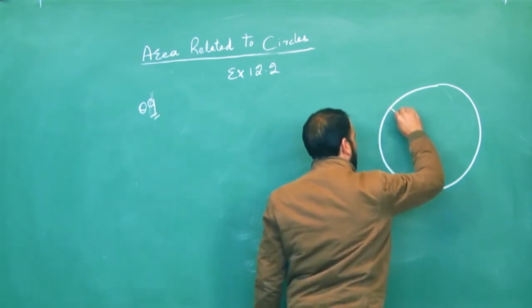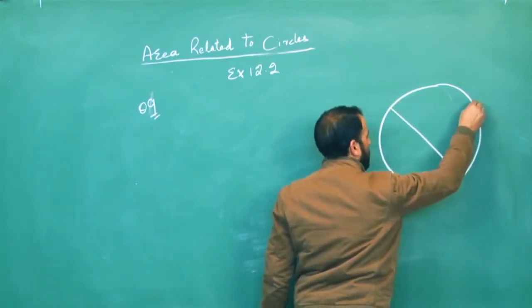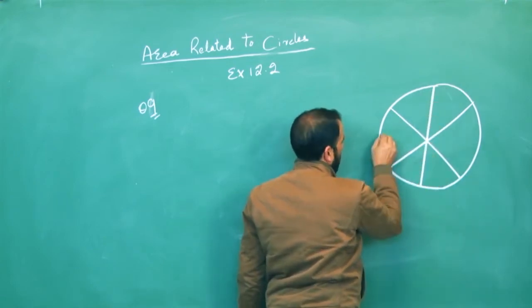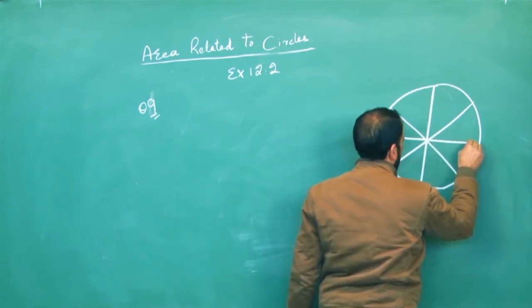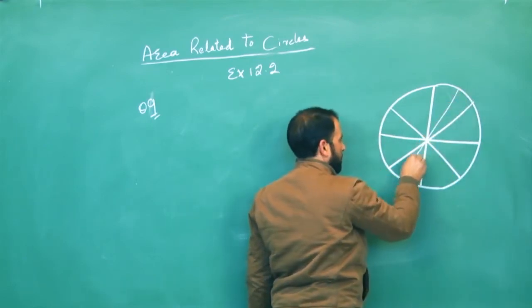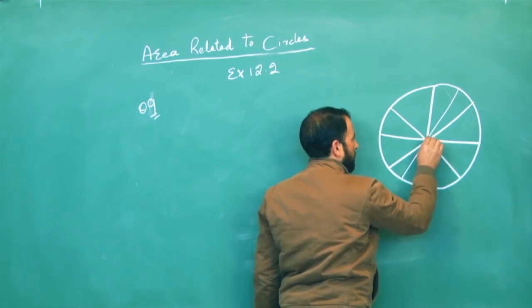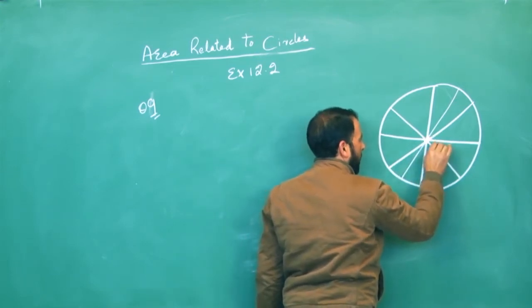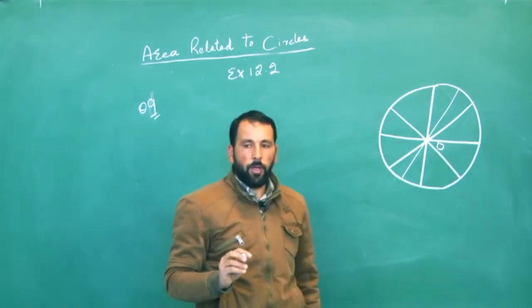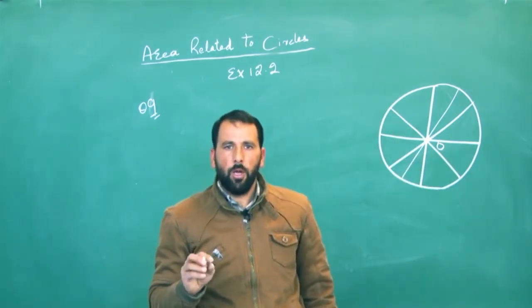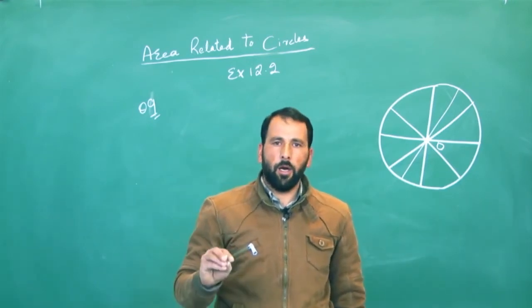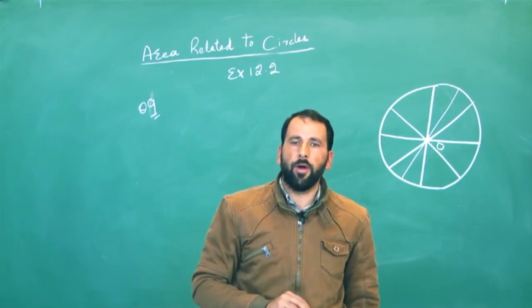Let this one be the 1, 2, 3, 4, and 5. This one be the central point here, and we call it as O. The wire is used in making the circular brooch with 5 diameters, and the length of each diameter is equal to 35 mm.